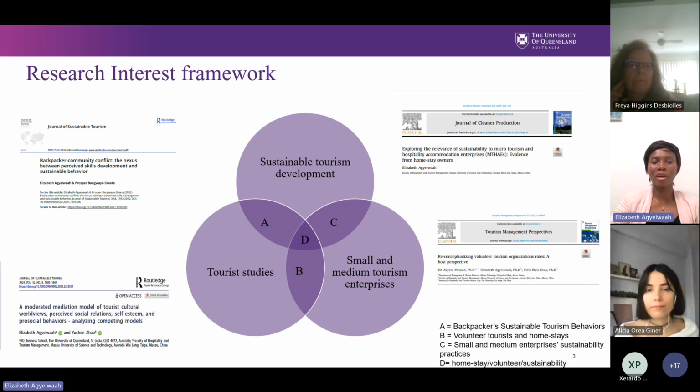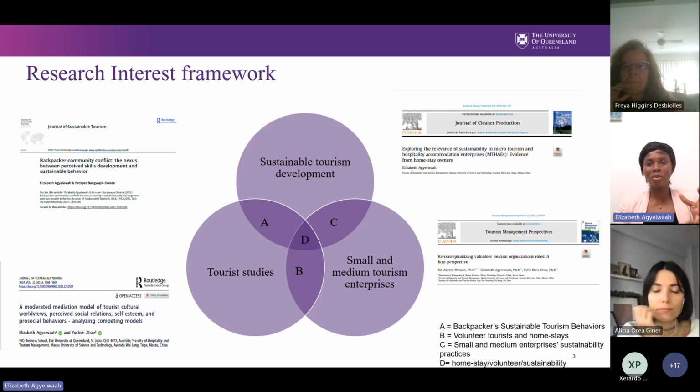Over the course of my journey, I've been doing research in these areas. Some are more specific, some look at the intersection between, let's say, sustainable development and travelers' behavior. I've done a lot of work on backpackers, their sustainable practices when they travel, and also volunteer tourists, as well as volunteer tourists that are staying in local homes. So these are all my interest areas.